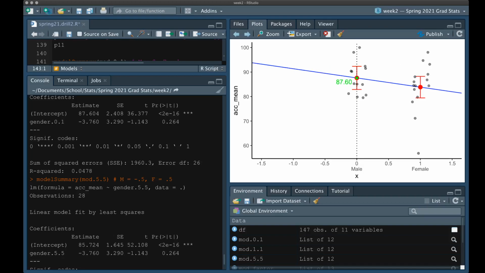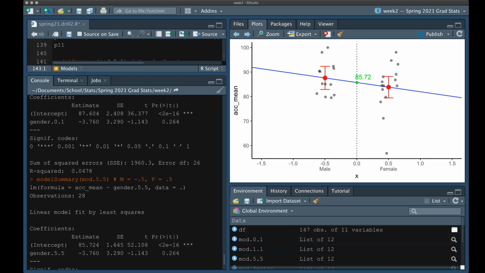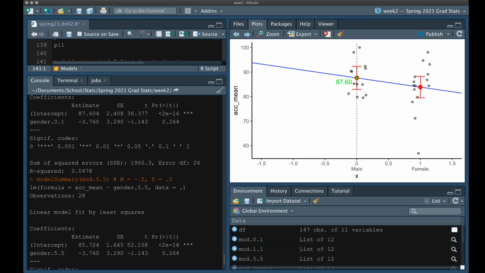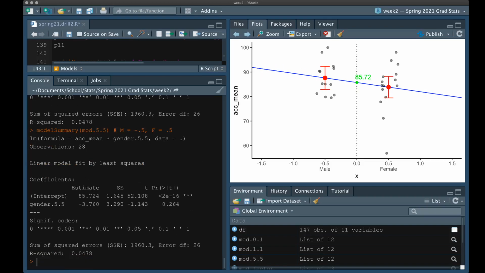It's kind of like recentering your data, and all you're doing, notice, is shifting that intercept. Here, our intercept is 85.72. It's no longer 87.60. So now what that means, when we look at our summary table for our model coded as negative half and positive half, is that our intercept is still the mean where x equals 0.